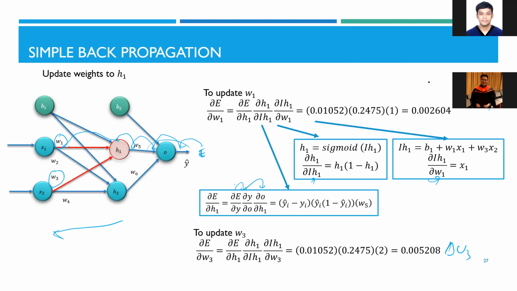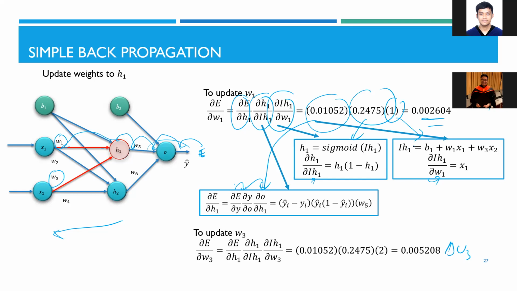Yeah, so it's actually the product of the derivative of E over H1 multiplied by H1 over the input. Okay, I got it. So this one is the result of this, this one is the result of this.